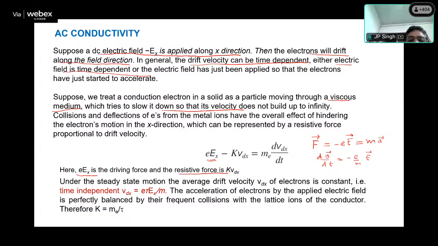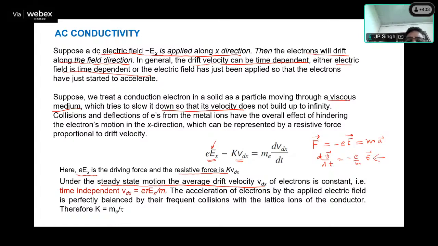Now, under steady state motion, what will happen? The average velocity of the electron is going to be constant. Why? Because of the electric field the velocity is increasing over time, but because of this resistive force, it is going to be balanced out.